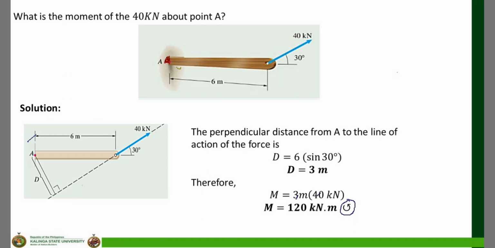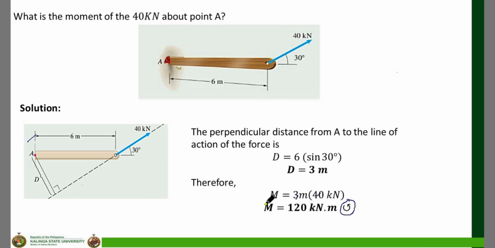So it is very important to know the direction of your movement. Again, we choose the nearest direction to reach the point. In this diagram, the nearest possible direction of the 40 kilonewtons is counterclockwise, because going clockwise makes the travel much longer.